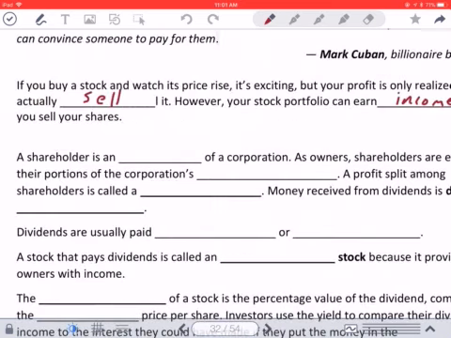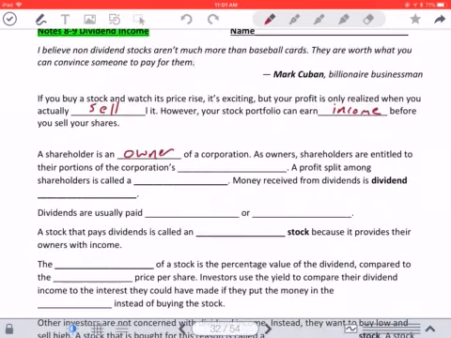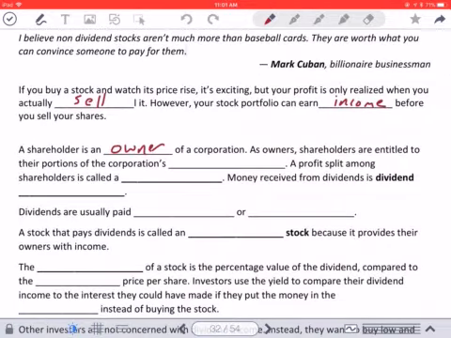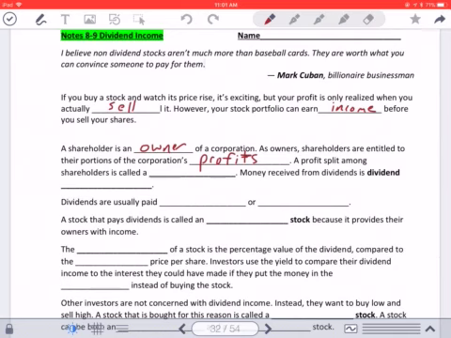Okay, so moving down here, a shareholder is an owner of a corporation. As owners, shareholders are entitled to their portions of the corporation's profits. So if you are an owner by holding stock, you're entitled to the profits.